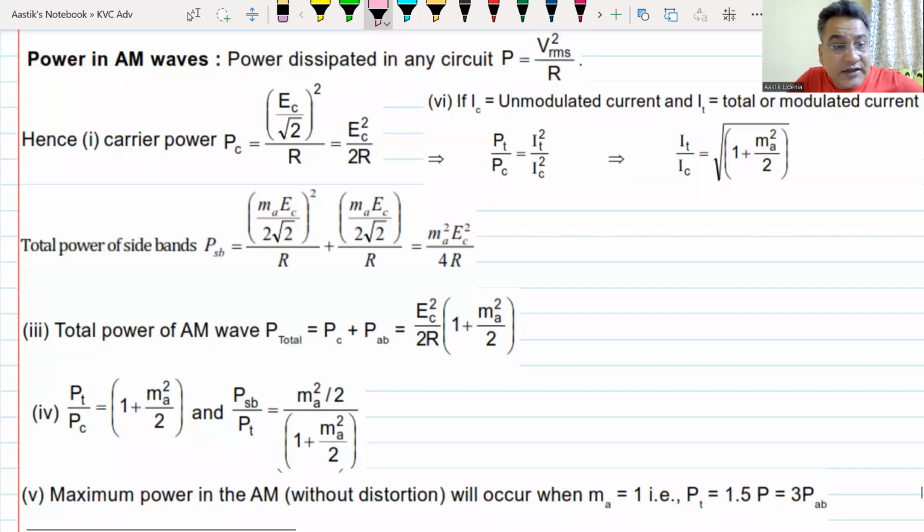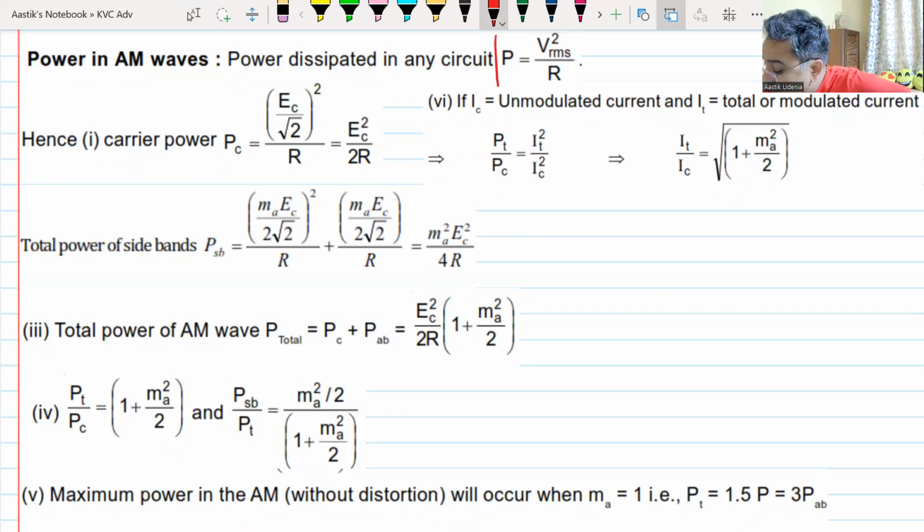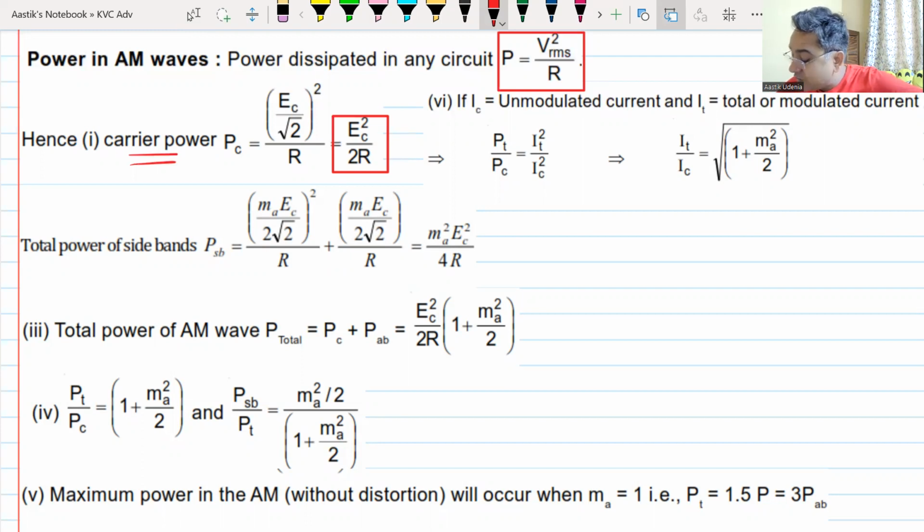These are the major questions that I have seen. The one question that I have not seen, but it may come, is regarding power in AM waves. You will have to remember all these formulae. We already know the formula of power is V square rms divided by R. Yes or no? Yes, sir. The carrier wave power will be given by EC square by 2R. The sideband power will be given by this formula.